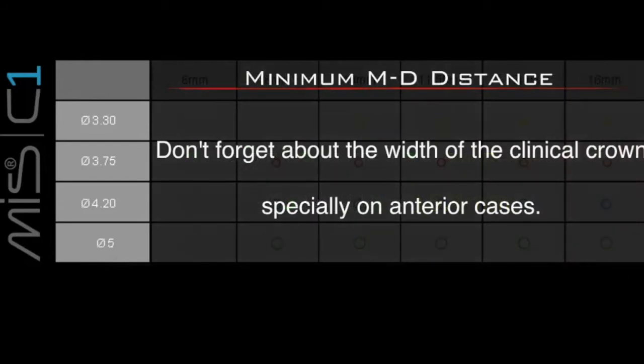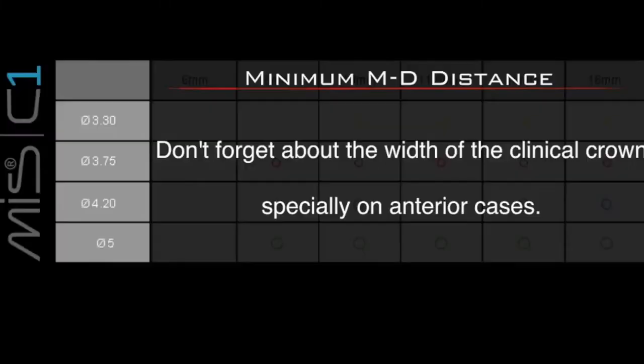So don't forget about the width of the clinical crown, especially in anterior cases. Make sure that you are able to measure the clinical crown, because you may have a clinical crown of 10 millimeters in the posterior, for instance a molar, and a bone width of 3 or 4 millimeters, and you say, oh, I can go ahead and put a narrow 3.3 implant in a molar and have my crown emerge like a potato on a stick, where the crown is too large for the implant.